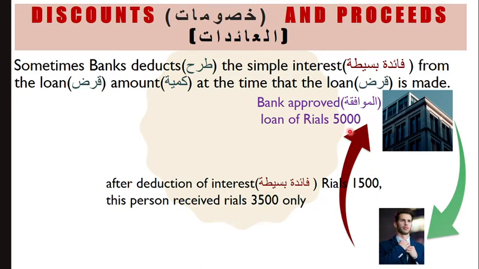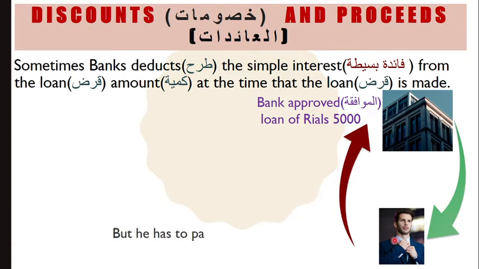From the amount 5,000, this 1,500 is deducted, removed, and this person will receive only 3,500 riyals. But he has to pay 5,000 riyals in 3 years to the bank. He has to pay 5,000 riyals to the bank. So this is about the discounts and proceeds.